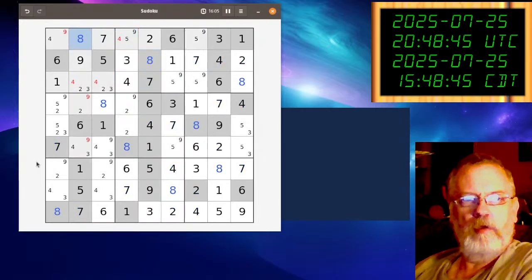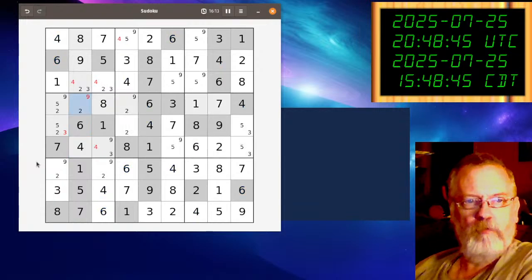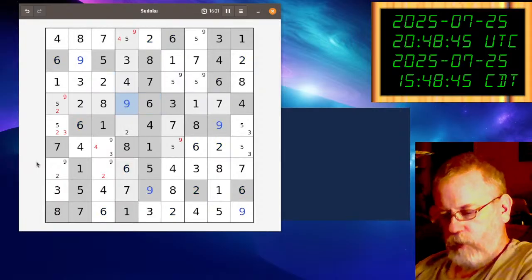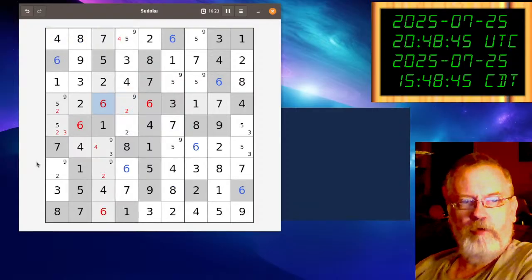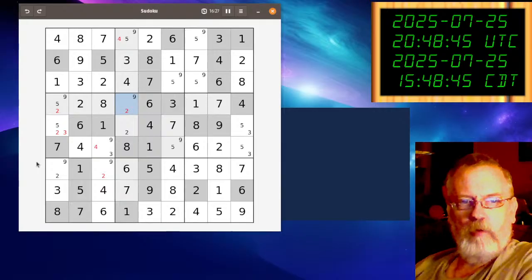Three here, 3, 4 here, makes this into a 4. This is a 2, this is a 3, this is a 2 now. 9, oh, let's not mark that yet. One of these is also supposed to be 5.